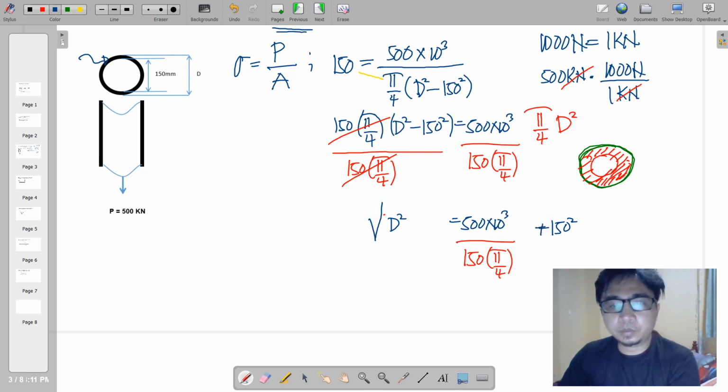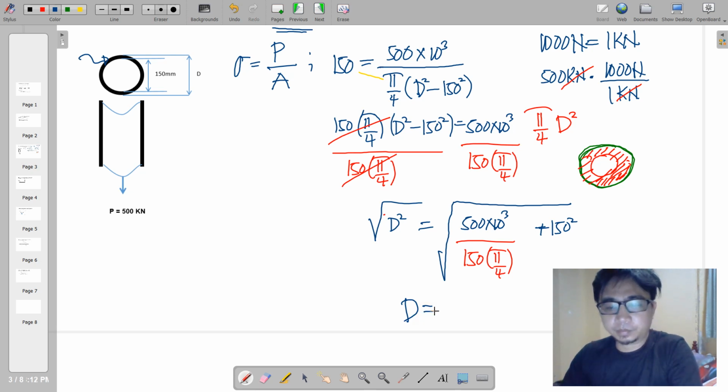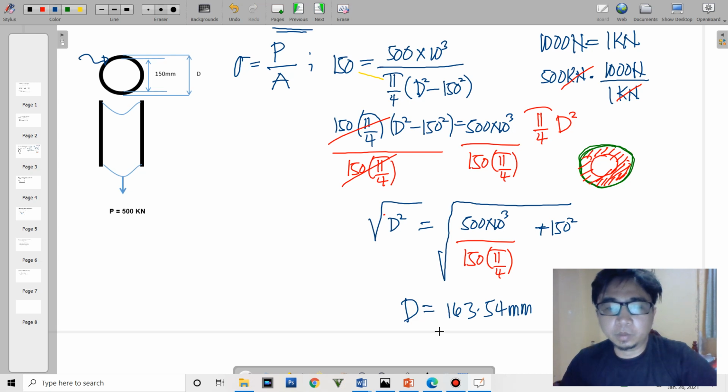Then we extract the square root of both sides. Then we come up with the value of the required diameter, so that your diameter will be equal to 163.54 millimeters. So that's it for this first problem.